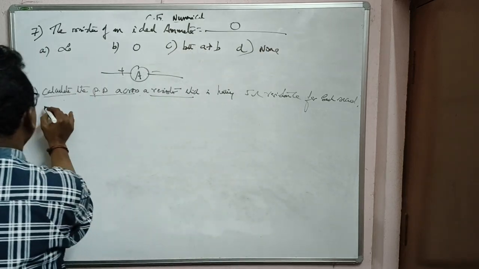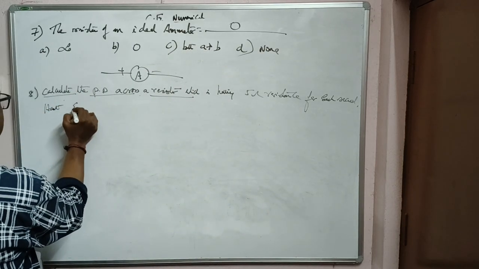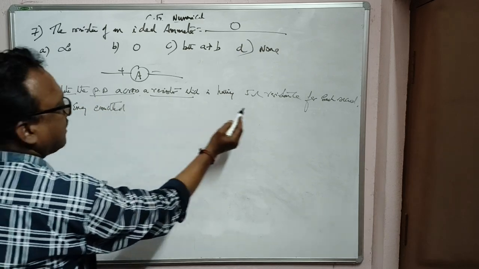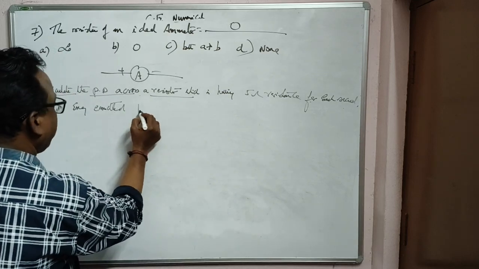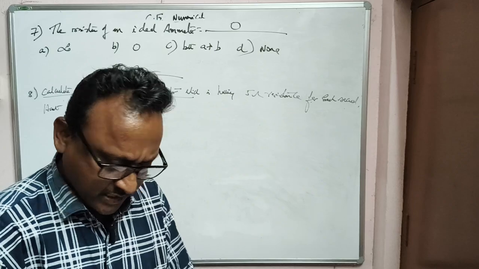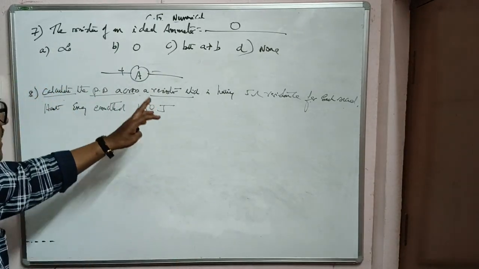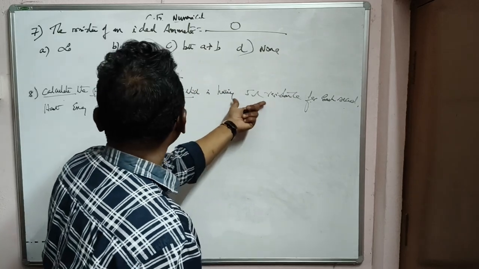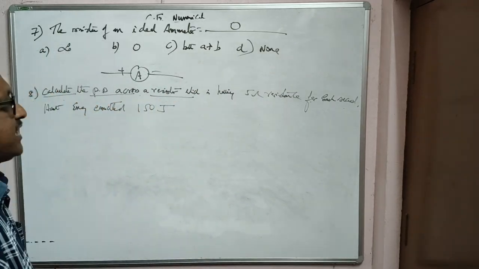He has given heat energy also. The heat energy emitted for every second is 150 joules. So 150 joules of heat energy is produced per second in the resistor having 5 ohm resistance. It is asking you the potential difference.